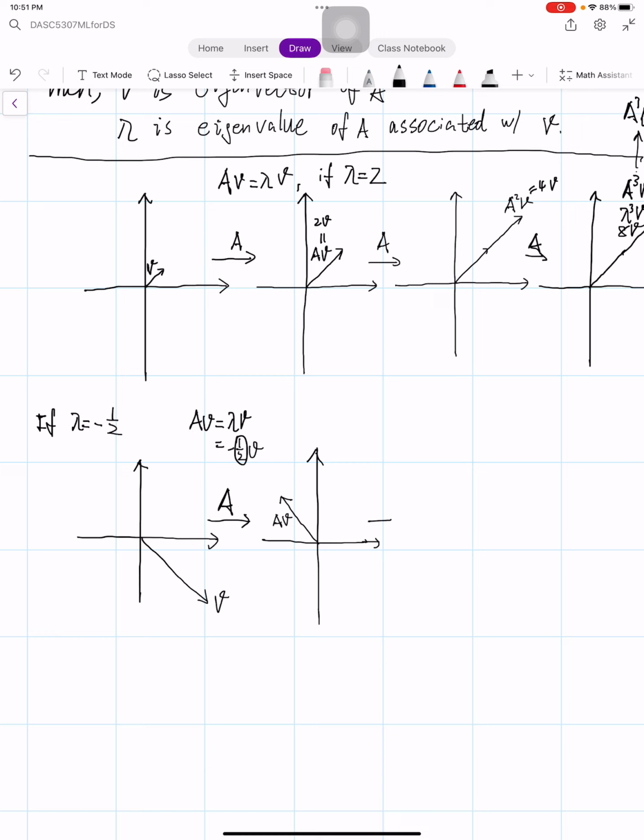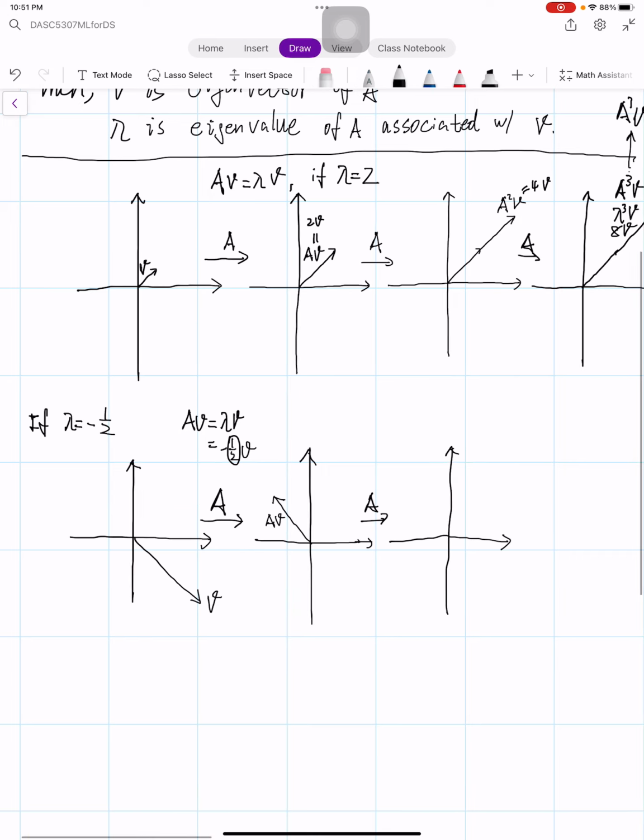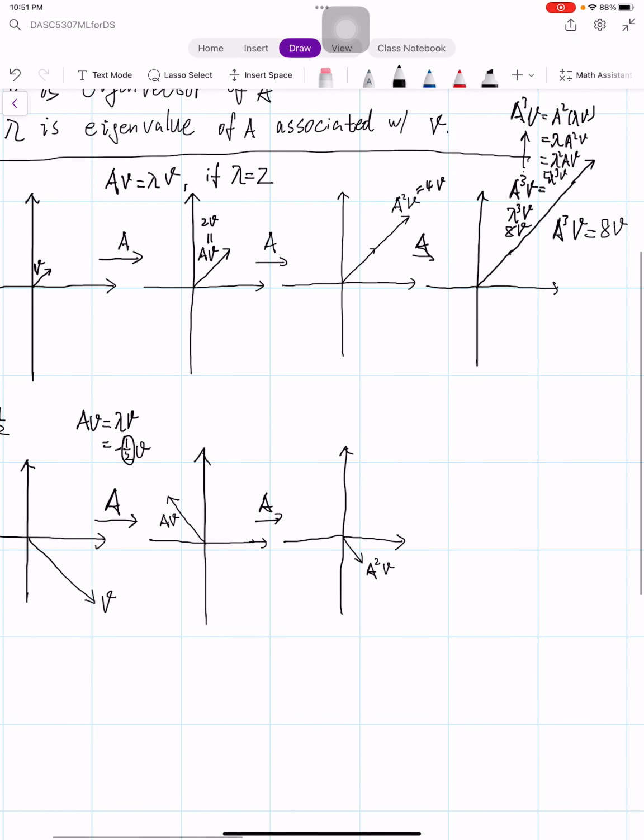Okay, you apply one more time. You flip again. You flip back and you take the length half. So you get the opposite direction, and this is A square nu. Then you apply another A. What you get is even smaller.